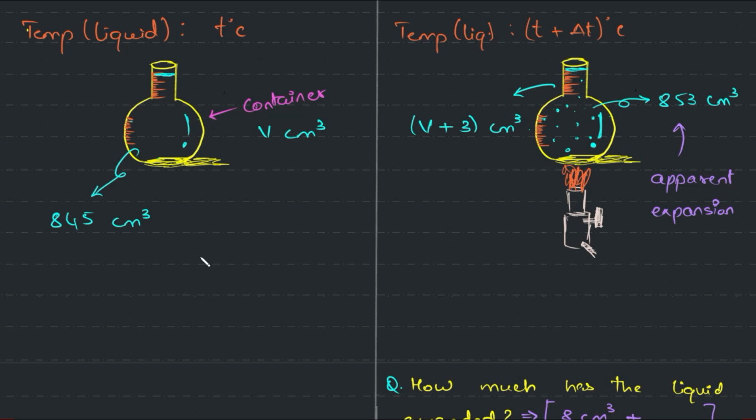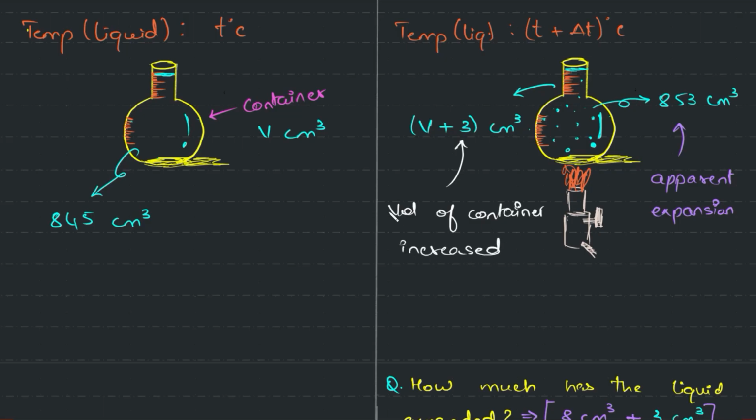Now can you tell me the actual value? Yes, we need to add plus 3. Why is that? Because even this plus 3 will be occupied by the liquid in addition to this 8. It has to, na? Because the volume of the container is increased, right? So this is the volume of container increased.